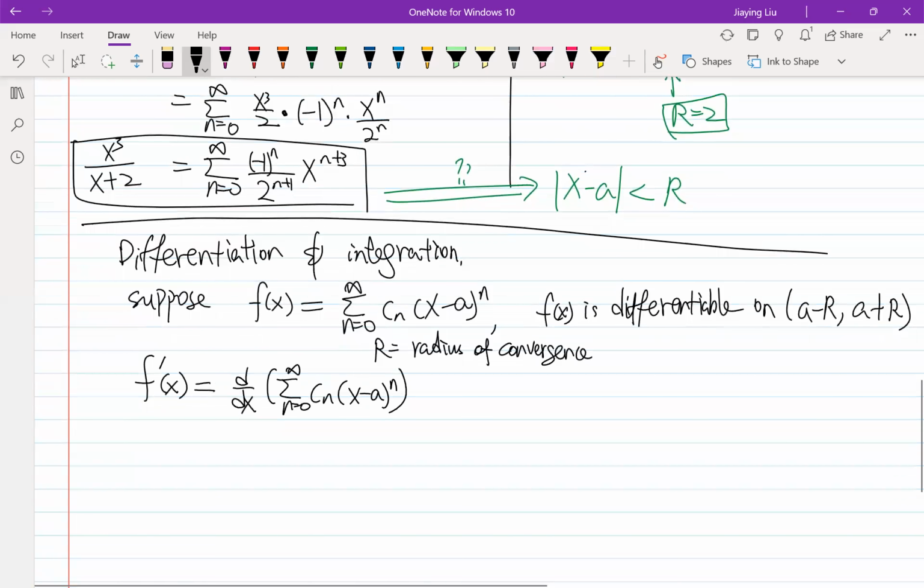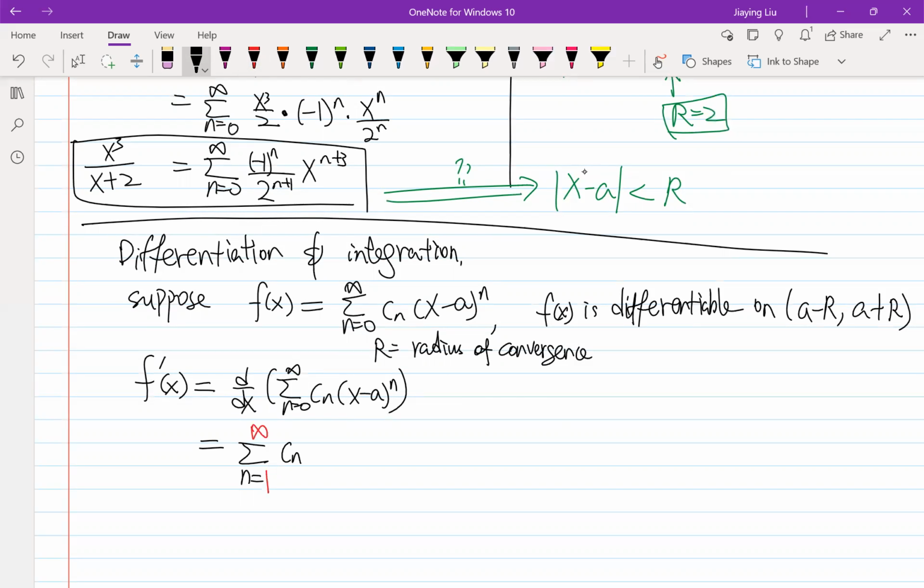And what is the derivative of that series? Well, that is the sum with n not from 0 anymore, it's from 1. I'll show you why that begins with 1 to infinity. When you take the derivative of the series, you take the derivative of each individual term. Cn is a coefficient, so it doesn't get affected in the process.